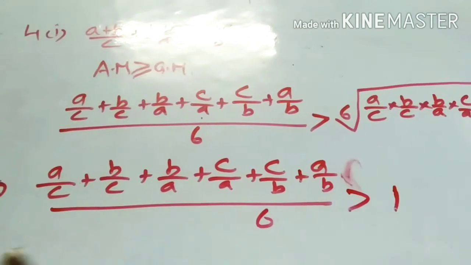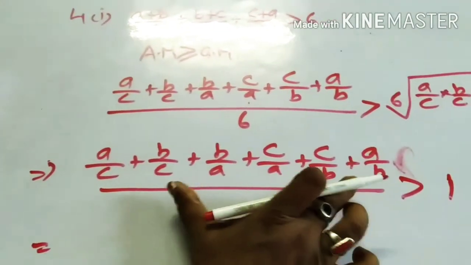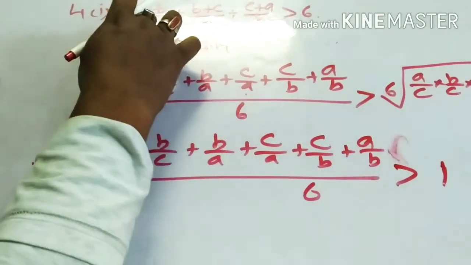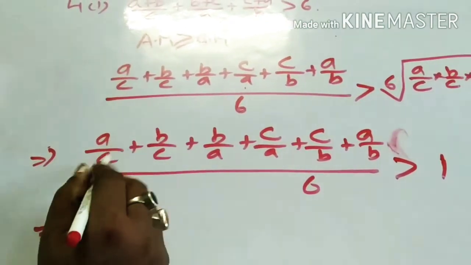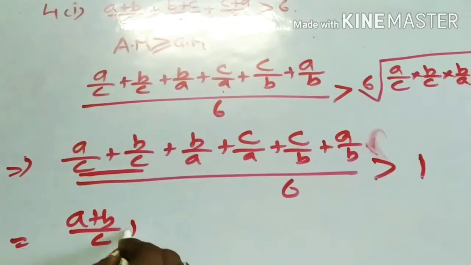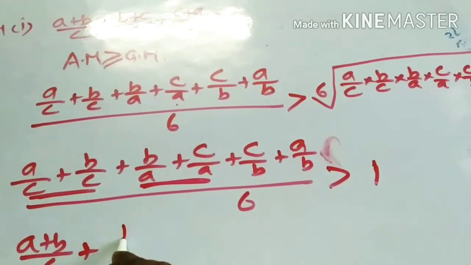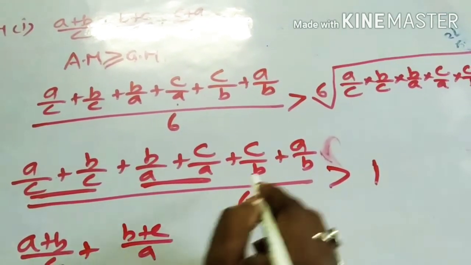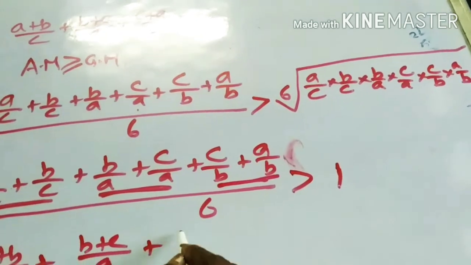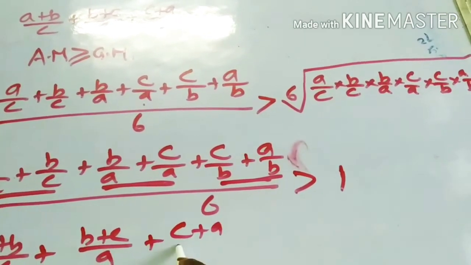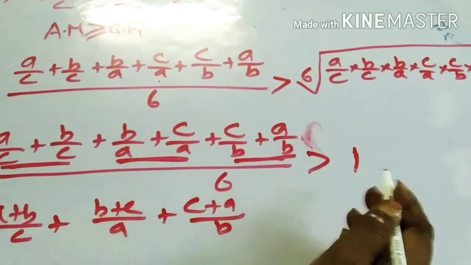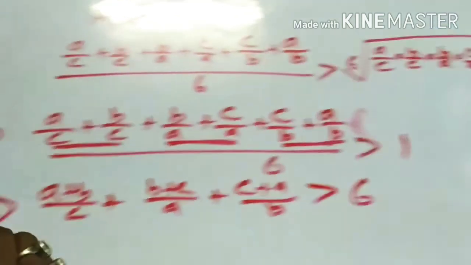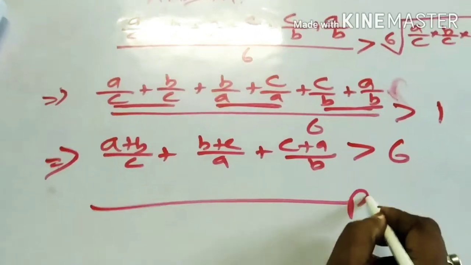So 6 goes there, and this I can rewrite like this: A plus B by C, plus B plus C by A, and C plus A by B, and 6 goes to the right side, greater than 6. So this is proved.